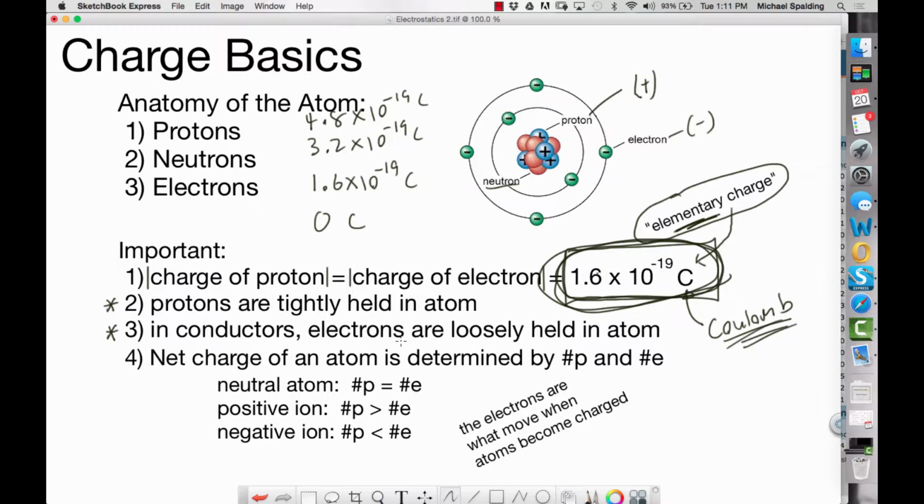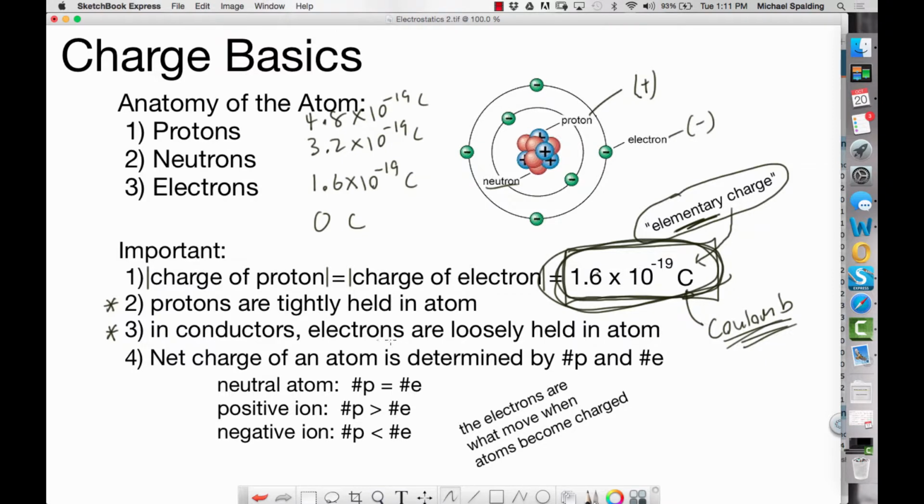Well, if electrons can move around, they are going to be the ones that explain atoms becoming charged. If you have an atom that suddenly goes from being neutral to being negatively charged, what's going to be the explanation? Was there a movement of protons or was there a movement of electrons? Electrons. Protons don't move. Protons stay fixed in the nucleus.